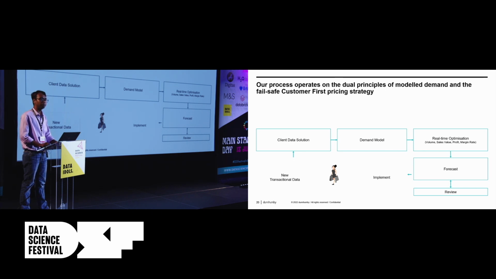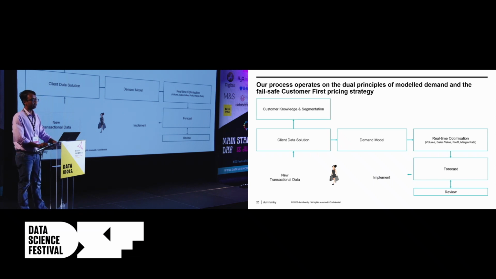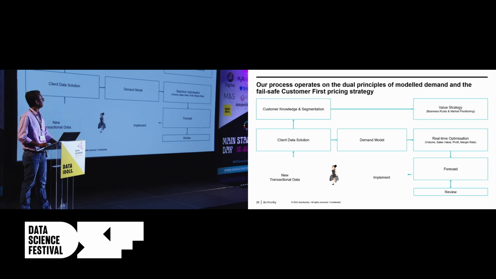So this is just one part of the story, where we are talking mainly about the mathematical optimization part. Another part also starts from the client data solution. Then we have different verticals within dunnhumby who work on customer knowledge and customer segmentation, which help us to come up with the strategy.